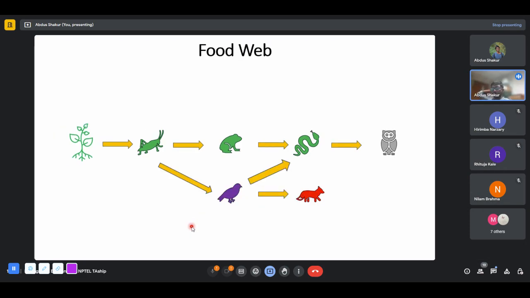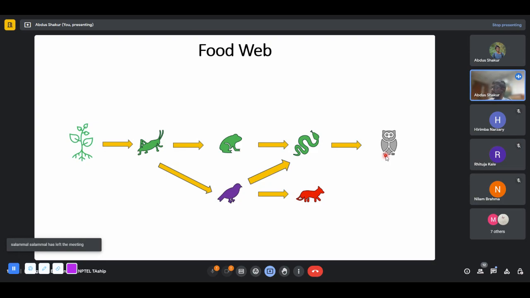But we don't generally see a food chain that simple, just a grasshopper eating a plant, a frog eating a grasshopper, a snake eating a frog, a bird eating a snake. We see a lot of other interactions. The grasshopper is also eaten by a bird, the bird is eaten by a fox, the bird is also eaten by a snake, a small bird is also eaten by a big bird.